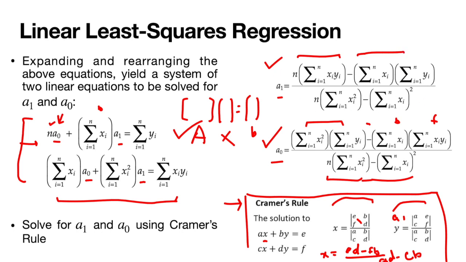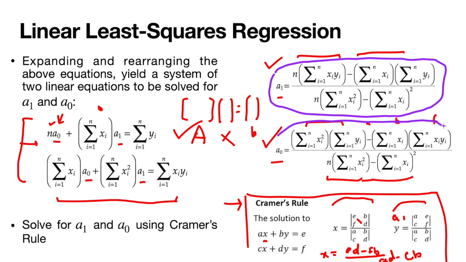These are the two formulas that we get after applying Cramer's rule to the equation. These are what we want to know, because we only have to find the a naught and a1 values. So we have found them by solving these two equations using Cramer's rule.